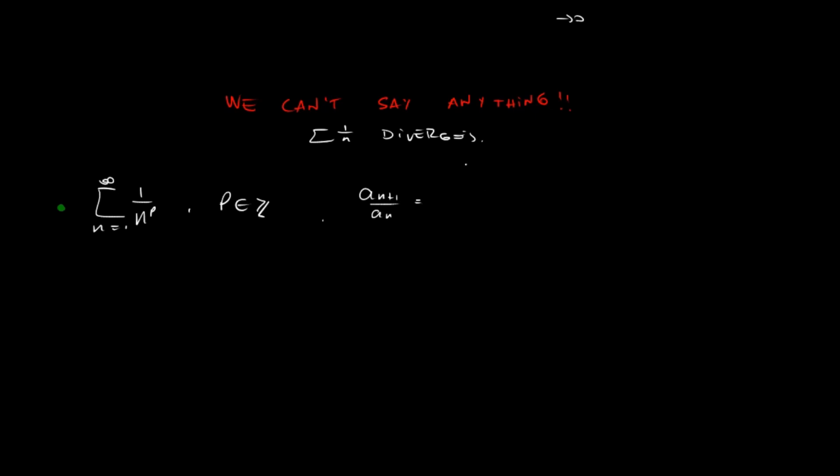So this is 1 over n plus 1 to the power p divided by 1 over n to the power p. This is n to the power p divided by n plus 1 to the p. And we can just write this as n divided by n plus 1, all to the power p. And now this, when n tends to infinity, goes to 1.